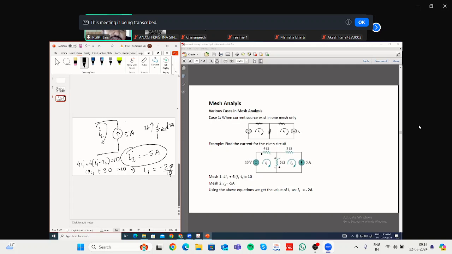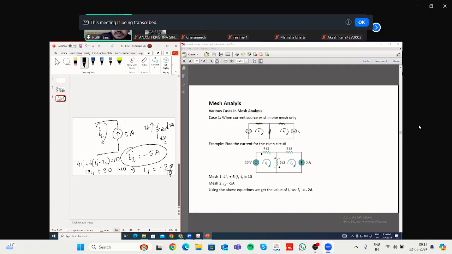So the net current through the 6 ohm is 5 minus 2, that is 3 ampere, and that will also be in the downward direction. Whatever assumption you make, that this current is greater than that, everything will be corrected. If your assumption is wrong about that current, you will get a minus sign before it, and that will show what the correct direction is.